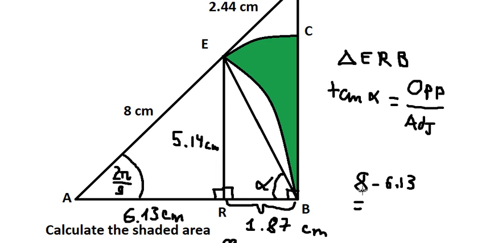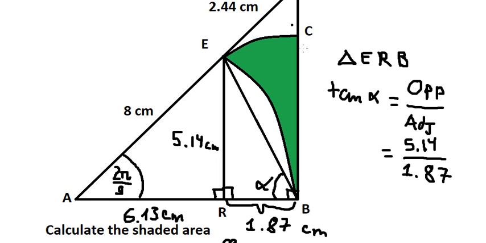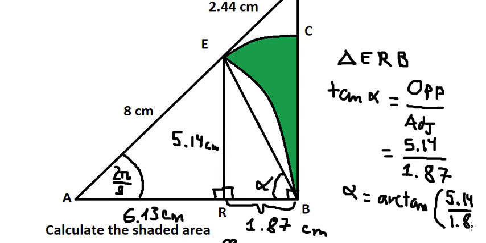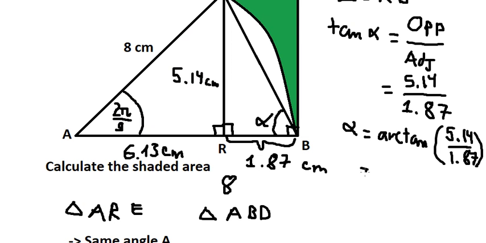So the opposite of this one, that is 5.14, and adjacent that's 1.87. And we have alpha, that is arctan of this number in here. And this one you got about 70 degrees.